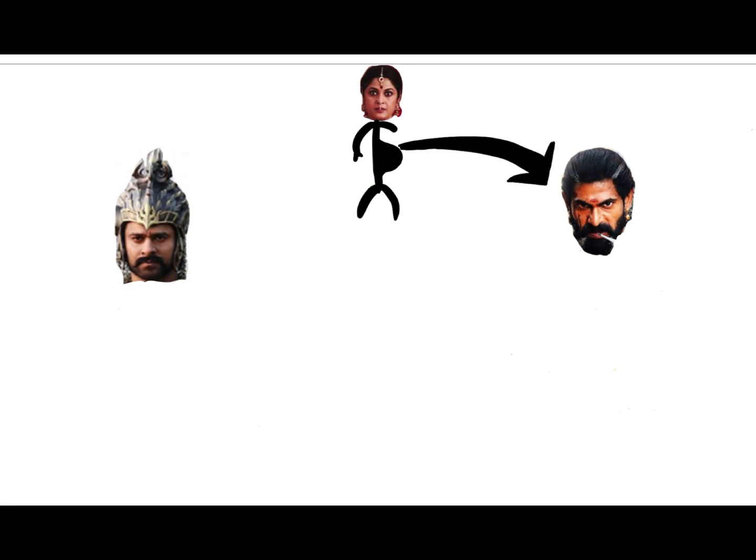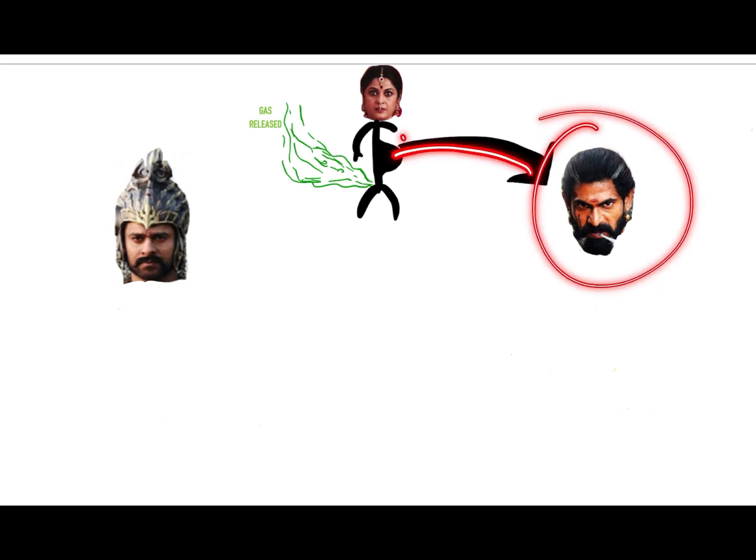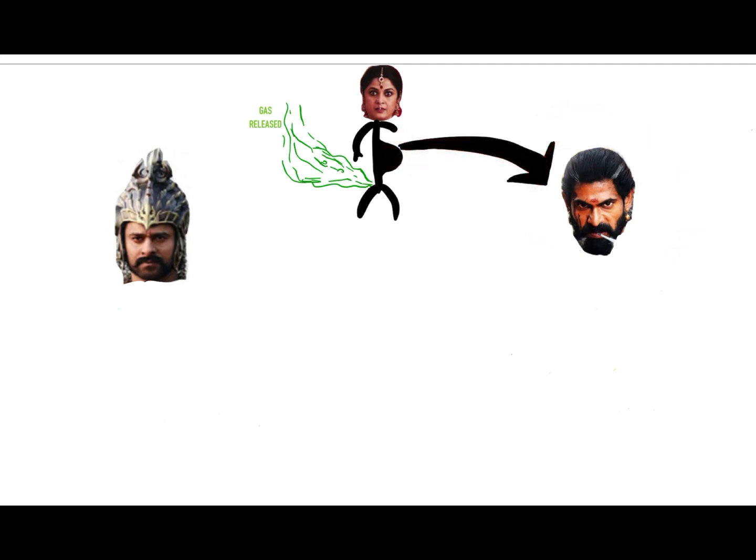So now you need to understand here. For that, actually, I made another thing over here where I expressed here as gas released, right? So this gas released is also directed towards our Bahubali, that is the exotoxin. So if you take Shivagami as the bacteria, then the secretions of that bacteria is actually the exotoxin, whereas endotoxin is an integral part of the bacteria.